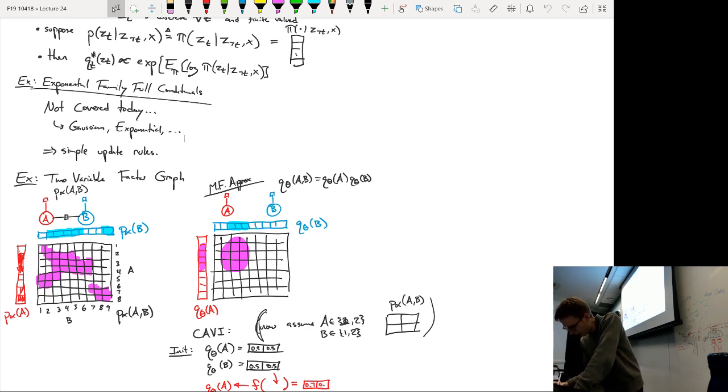Then we update Q theta of B as some function of these, and that gives us back a new distribution, maybe something like 0.6, 0.4.